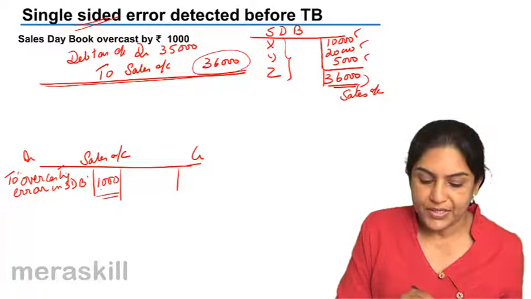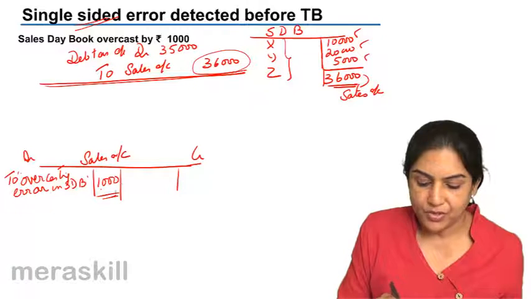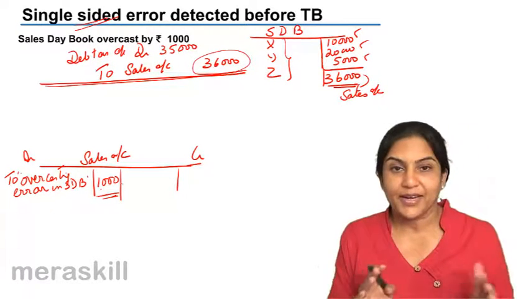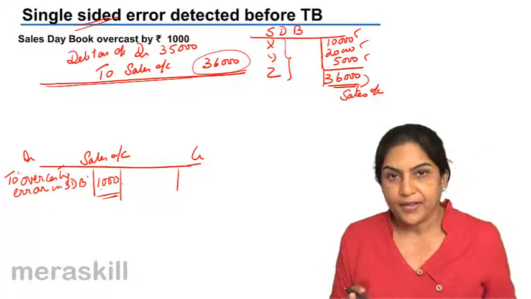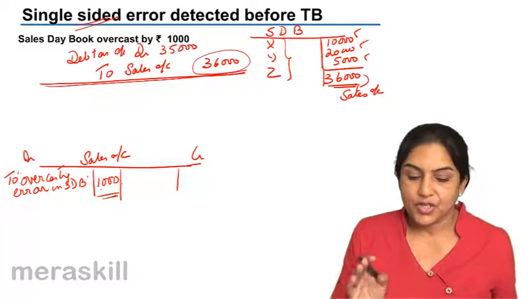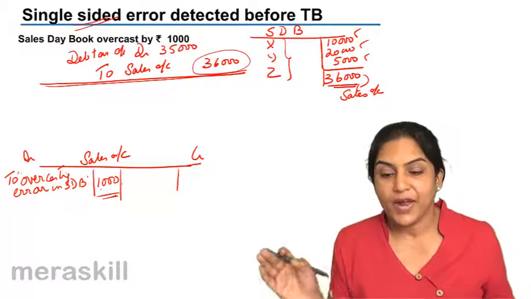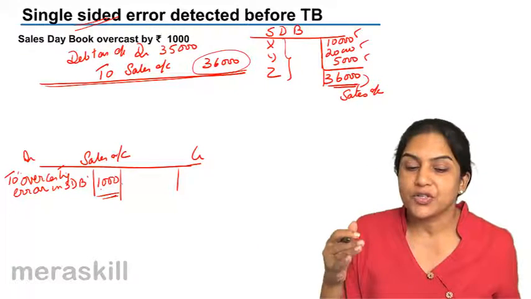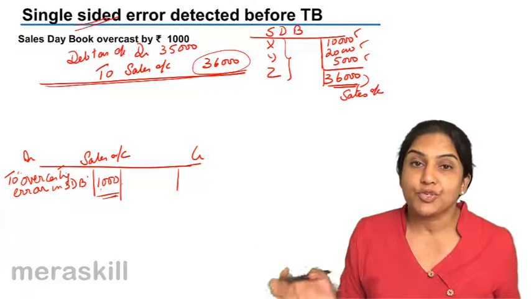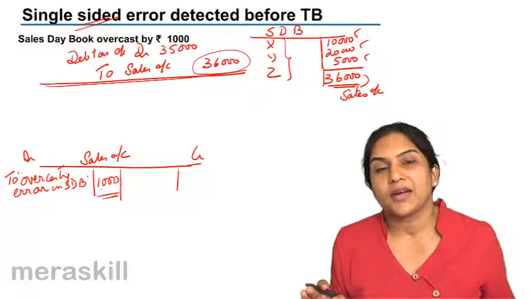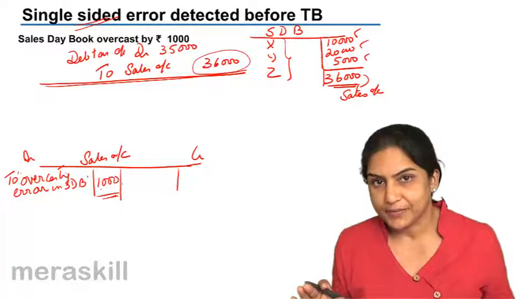We come to the debit side and debit by 1,000. I repeat, this is not really a journal entry. There is no double entry. It's just come to the debit side and offset this mistake. Why are we able to do this? Because this is a single-sided error which was detected before the trial balance has been created.